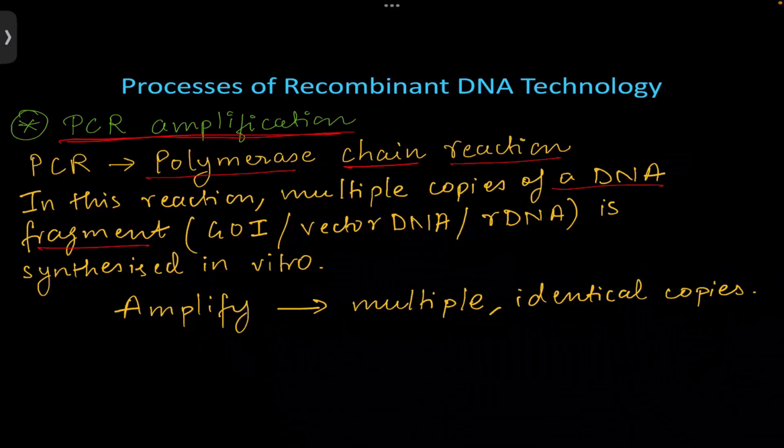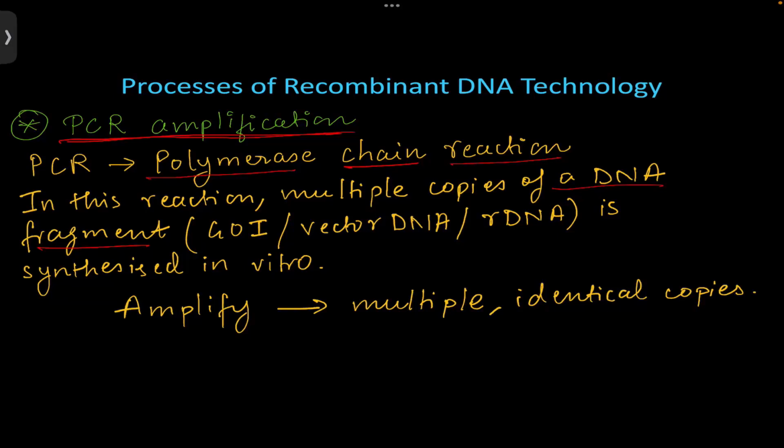It can be your small gene of interest, or your vector DNA, or your complete recombinant DNA, or it can be a complete genome. Any DNA fragment or any DNA molecule can be subjected to this PCR reaction in order to make multiple copies, and these copies are all identical to each other.